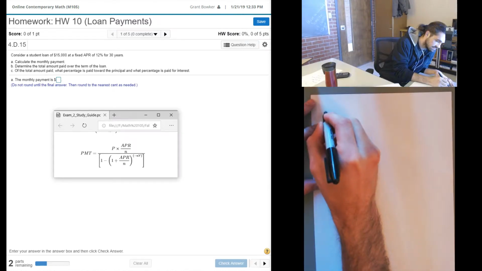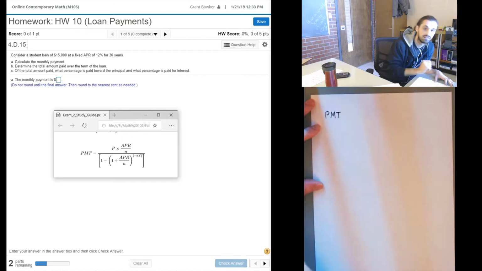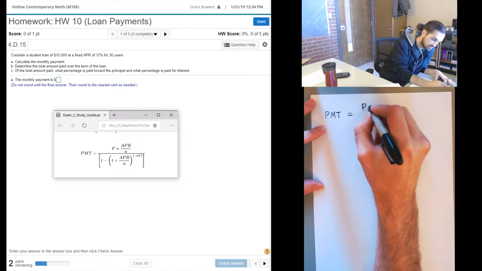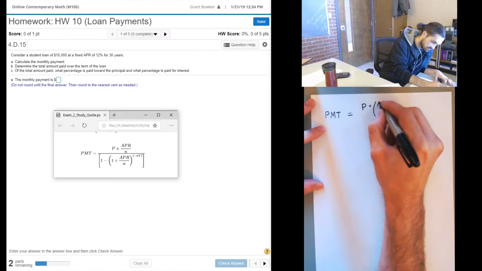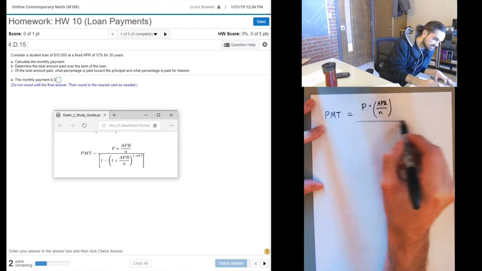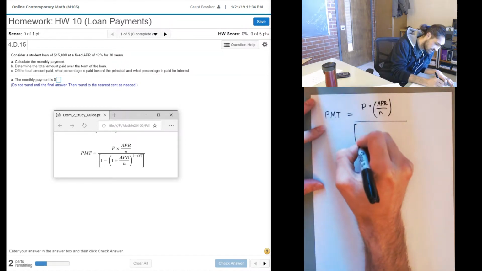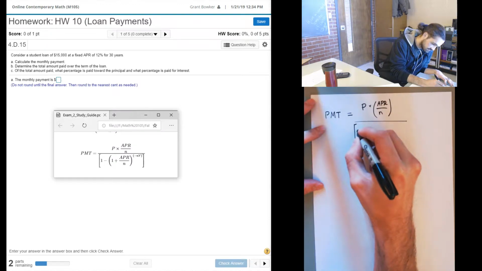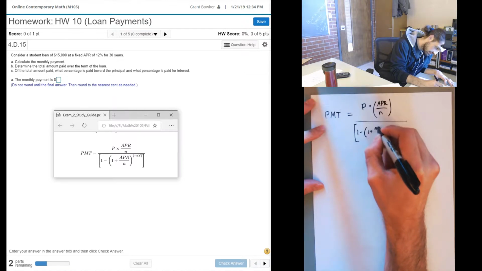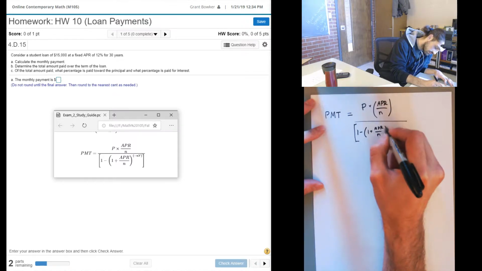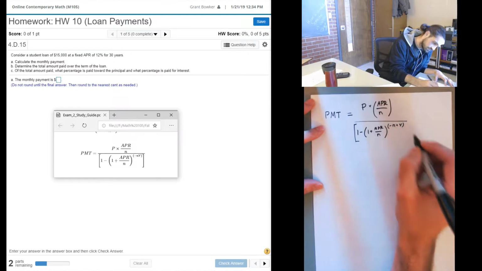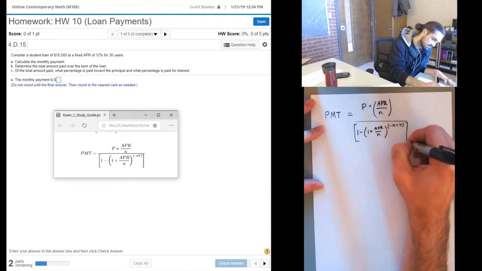So we have PMT, which, as you might anticipate, stands for payment. The payment is going to be equal to P, the principal, multiplied by APR over N, and then that whole chunk is divided by the quantity 1 minus left parenthesis, 1 plus APR over N, and that whole chunk is raised to the negative N times Y. And then close.